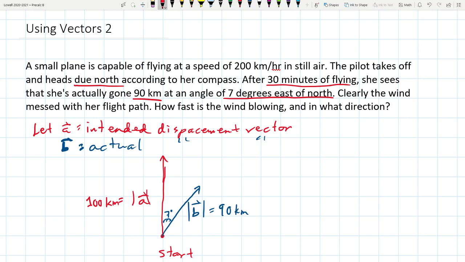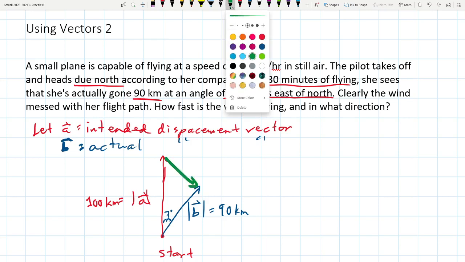Okay, so if she was supposed to end up here, how did she end up over here? Well, it turns out that this vector that I just drew, I'll draw in green, that is the wind vector pushing her. Okay, pushing her plane, I suppose.